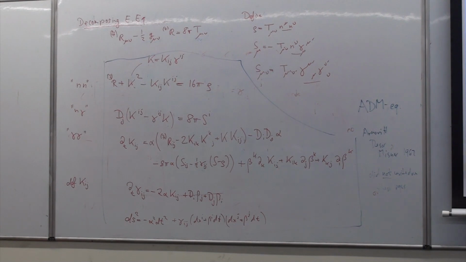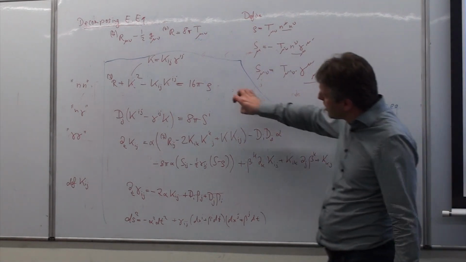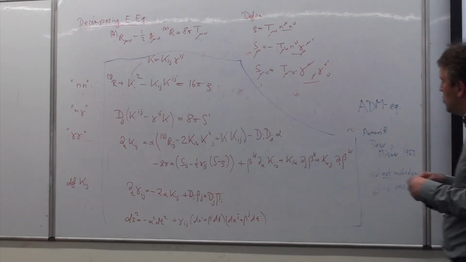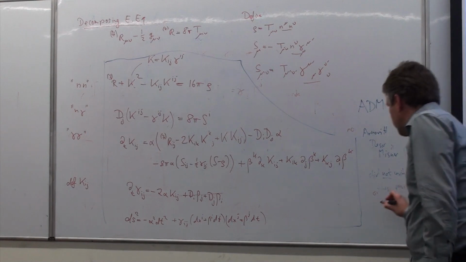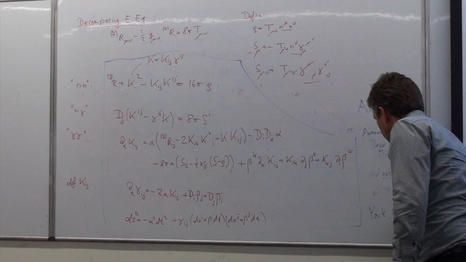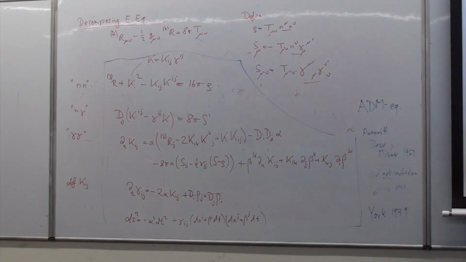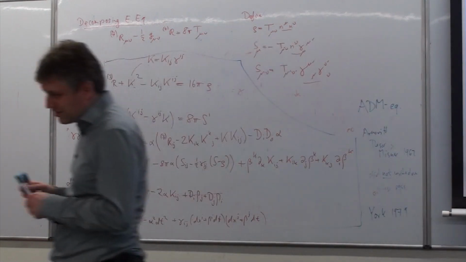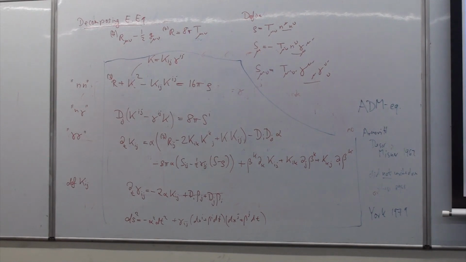But the actual form of these equations with the Kij's in it comes from Jimmy York, 1979, as a little bit of historical perspective. The differences are quite minute, but this particular set of equations is not in ADM.